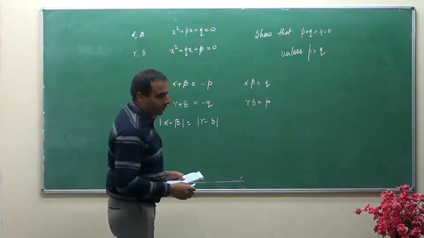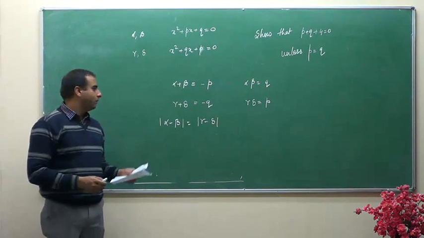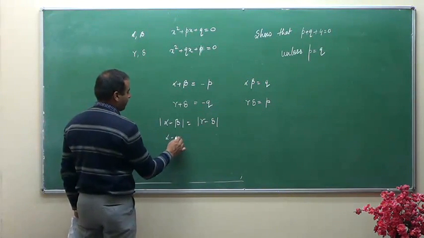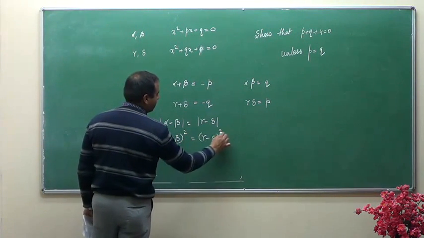So how do we solve it? Now squaring both the sides, alpha minus beta whole square is equal to gamma minus delta whole square.